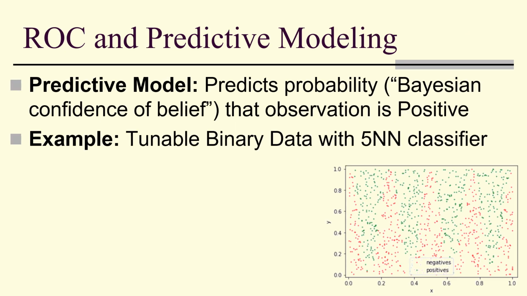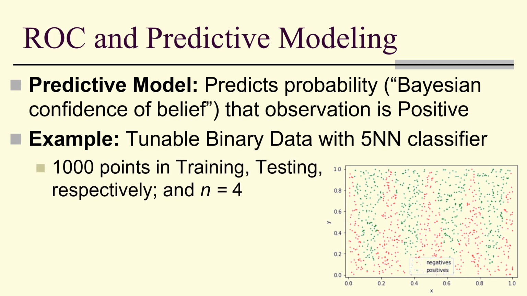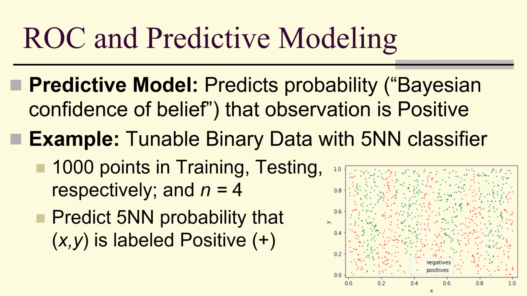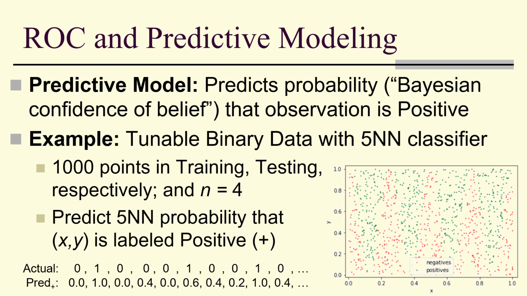So a predictive model predicts probabilities that an observation is positive. So let's look, for example, at the tunable binary data with a 5 nearest neighbor classifier. We're going to use 1,000 points in the training and testing sets, and again here n equals 4. And we're going to predict the 5NN probability that (x, y) is labeled positive. So here's the actual.